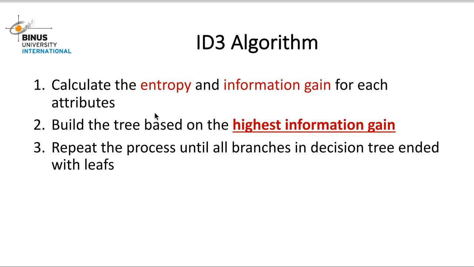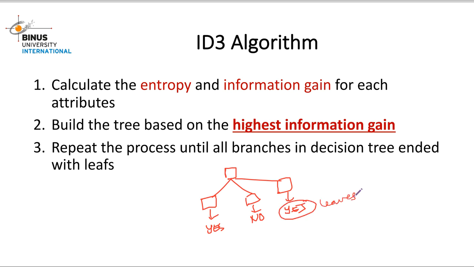A leaf is the decision. So this is the node. We build the tree like this until it ends up with the decision, with your label. This is called a leaf. There is no more branch under the leaves.